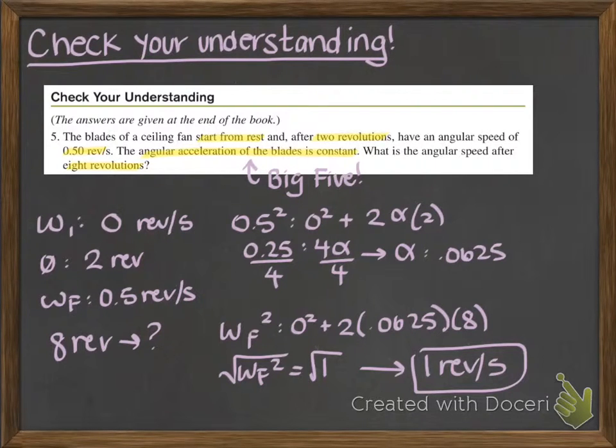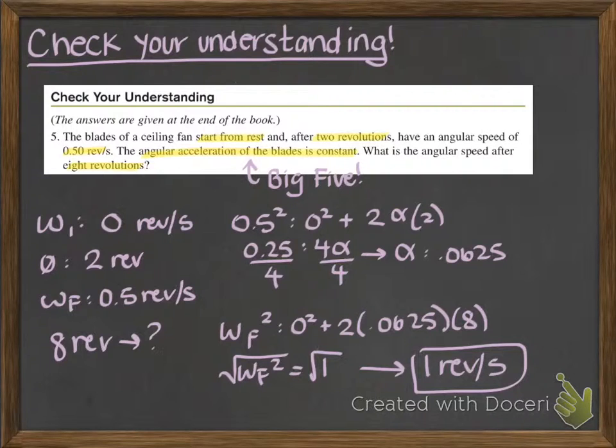So we're just trying to find acceleration here, because you would need acceleration to be able to find out what the final velocity is now that you have 8 revolutions instead of 2. So we already know acceleration based on dividing 0.25 by 4, and it's going to give you the angular acceleration of 0.0625, but that's only after 2 revolutions.